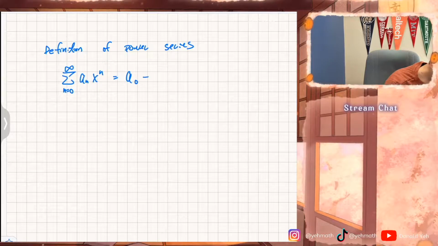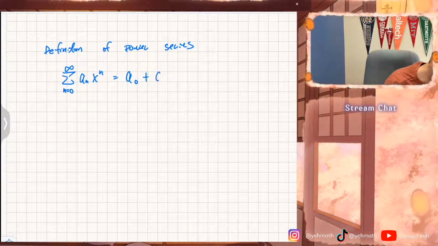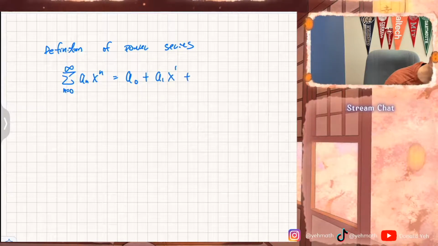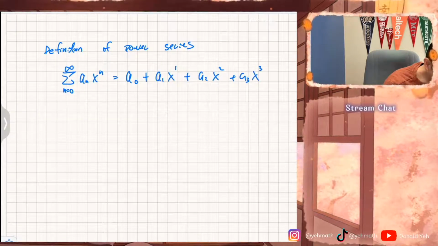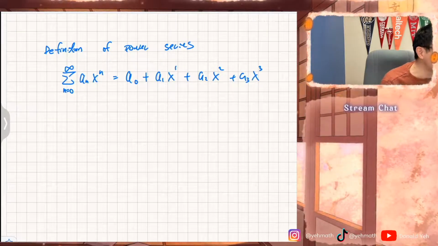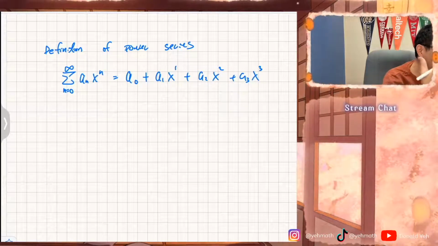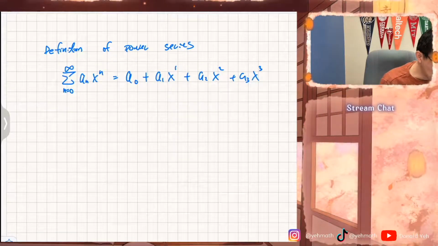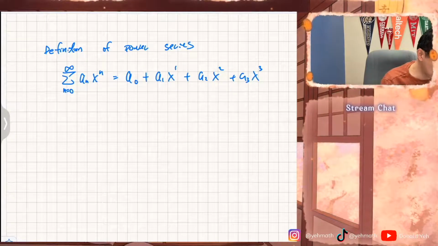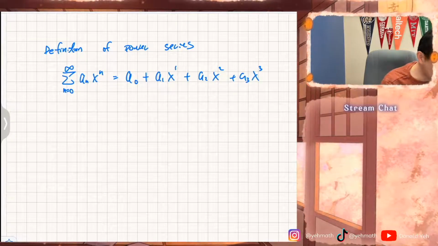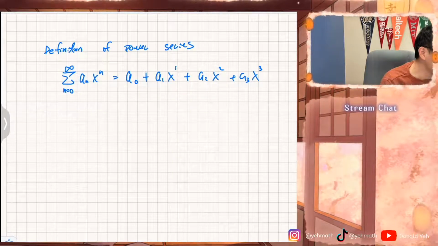In this second case, you're going to keep on adding: a1 x to the 1 plus a2 x to the 2 plus a3 x to the 3. So technically, I can represent e to the x using a power series. Before, we only had summations of a(n), some type of sequence. Now we have x involved.